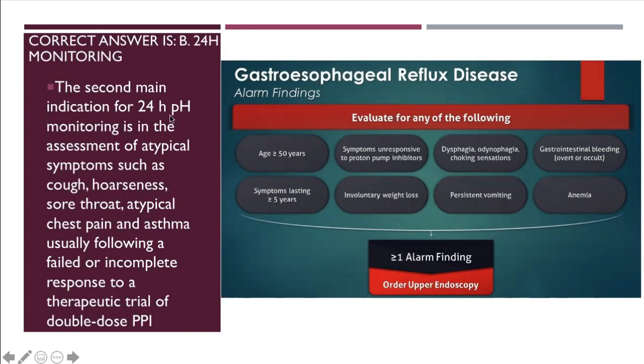The second main indication for 24-hour pH monitoring is assessment of atypical symptoms such as cough, hoarseness, voice changes, sore throat, atypical chest pain, or asthma, usually following a failed or incomplete response to a therapeutic trial of double dose PPI.